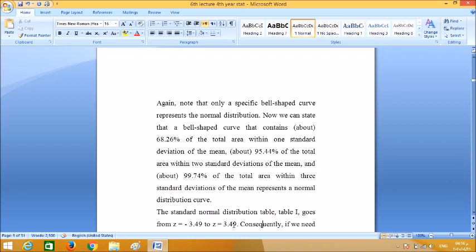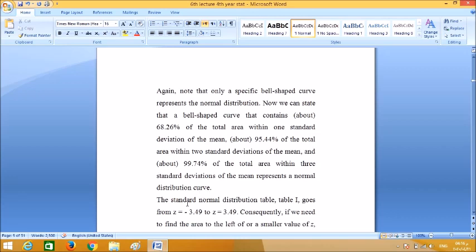The standard normal distribution table goes from z equal minus 3.49 to z equal 3.49.